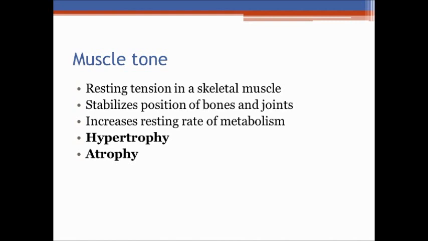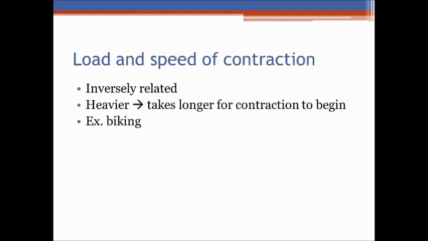The muscle getting larger is known as hypertrophy. The muscle deteriorating is known as atrophy, and this can happen for a wide range of reasons. It could be that you're not using the muscles, it could be that they lost their innervation, it could be that they're immobilized for long periods of time, or it could be genetic.